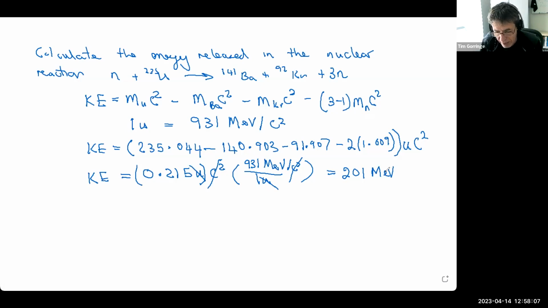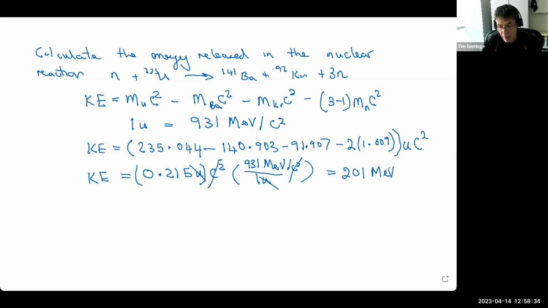a nuclear reactor. Just as a scale comparison, when we strike a match and we have a chemical reaction in which we take the phosphorus or the sulfur and we oxidize it with the oxygen in the atmosphere, in one of those chemical reactions, the scale of the energy that's released is a fraction of an electron volt.